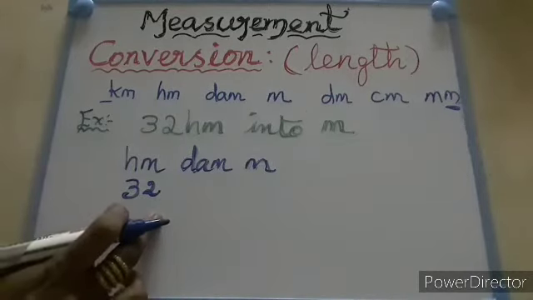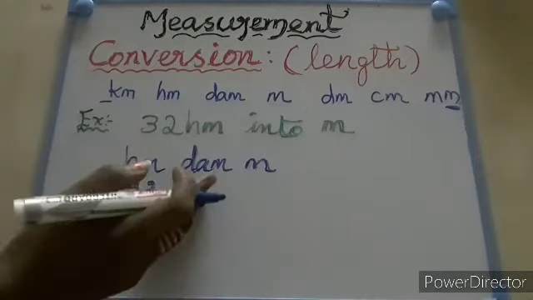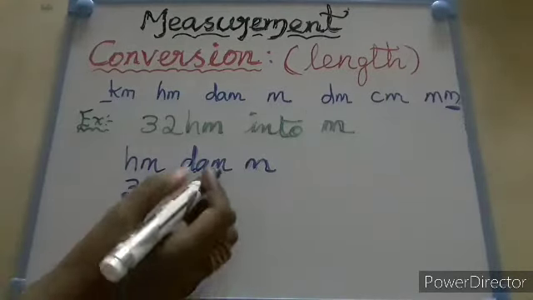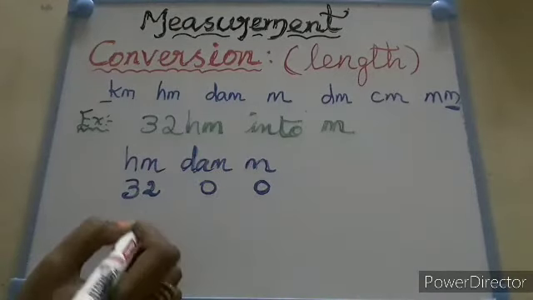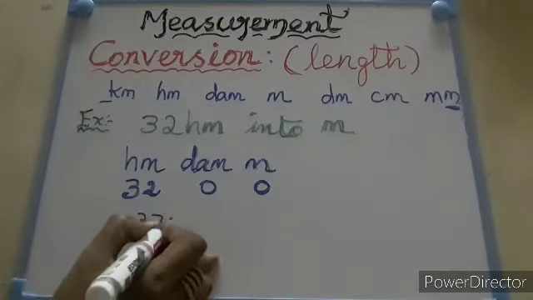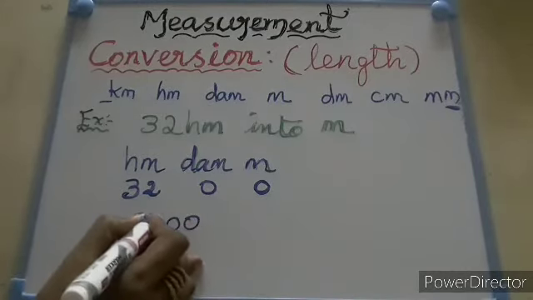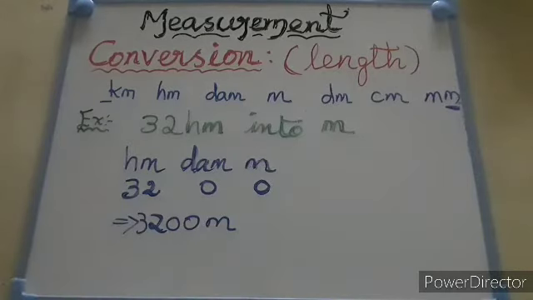Where are the other numbers? There are no numbers, so you just put 0 0. So you can write 3200. What is that? Meter. That's all. 3200 meter.